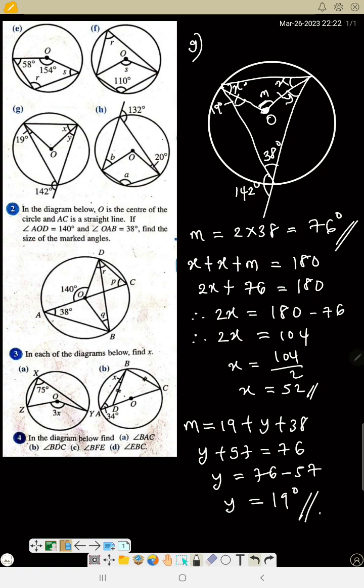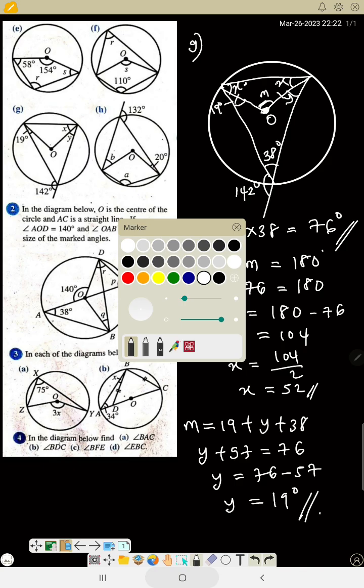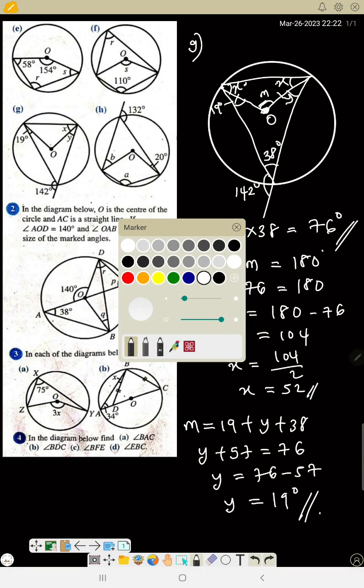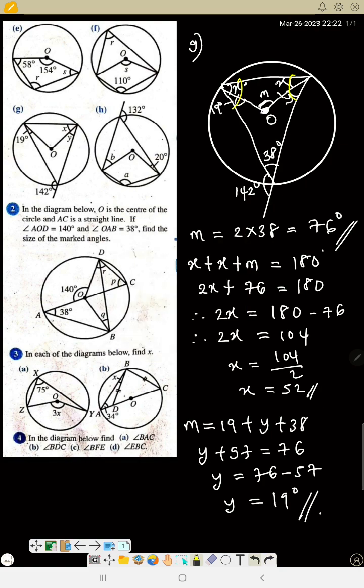So now the next one is, if I want to confirm if it is right, this place I can say there is a complete angle here, here, and here. That means we know x already as 52. So that means 52 plus 19.